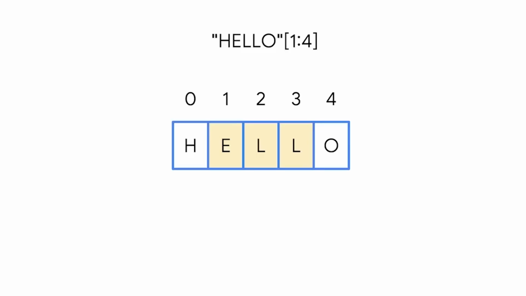The first index is the beginning, which is included in the output. The second index is the end, but it's not included in the final output. Instead, Python stops the slice at the element before the second index. For example, if we wanted to take the letters E, L, L from hello, we would start the interval from the index 1, but we'd end before the index 4.